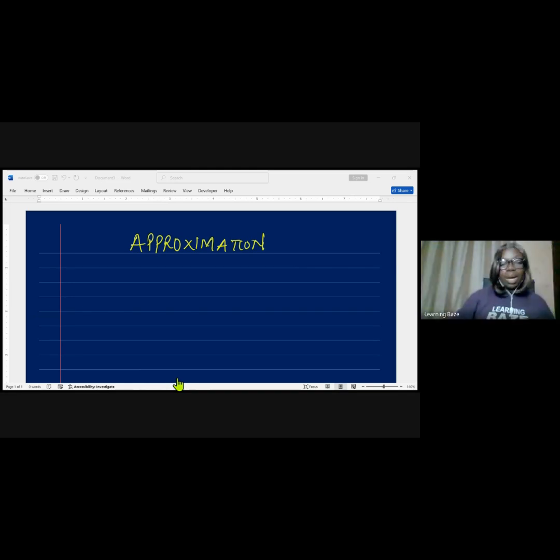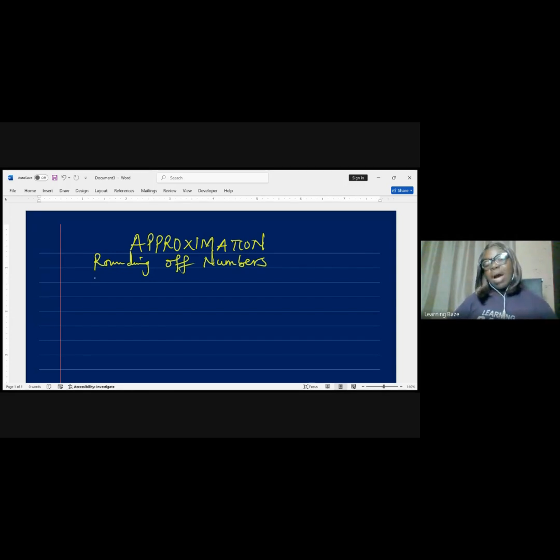Yeah. So approximation means rounding off of numbers. So let us learn how to round off numbers. Now, when it comes to rounding off numbers, we have two types. And I'll be using digits from 0 to 9 to explain how to round off numbers.